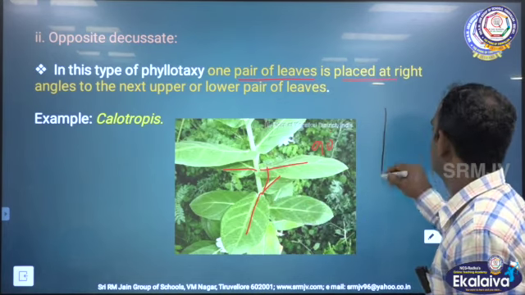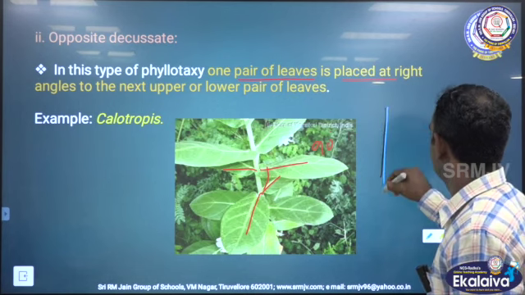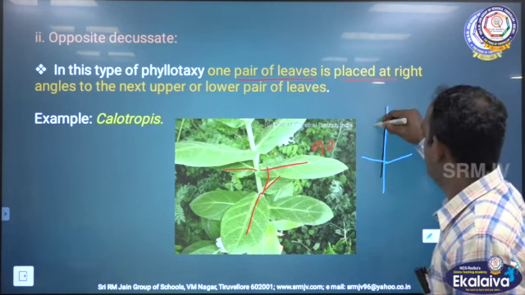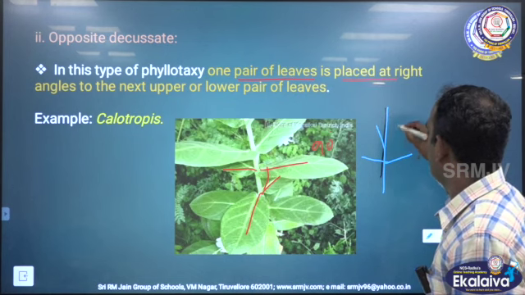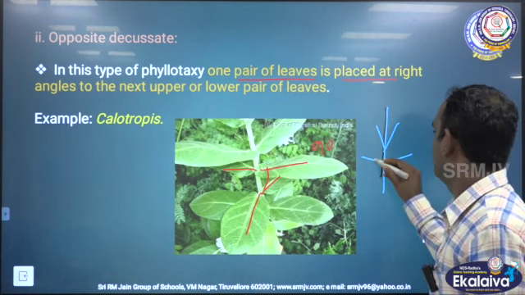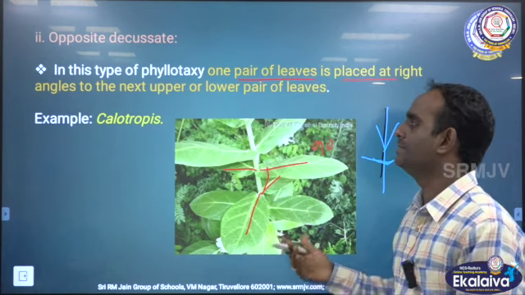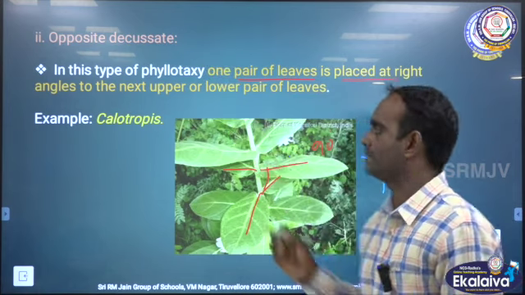See here, one pair like this. Another pair is at right angle to the first pair. So that type of arrangement of leaves is said to be opposite decussate.